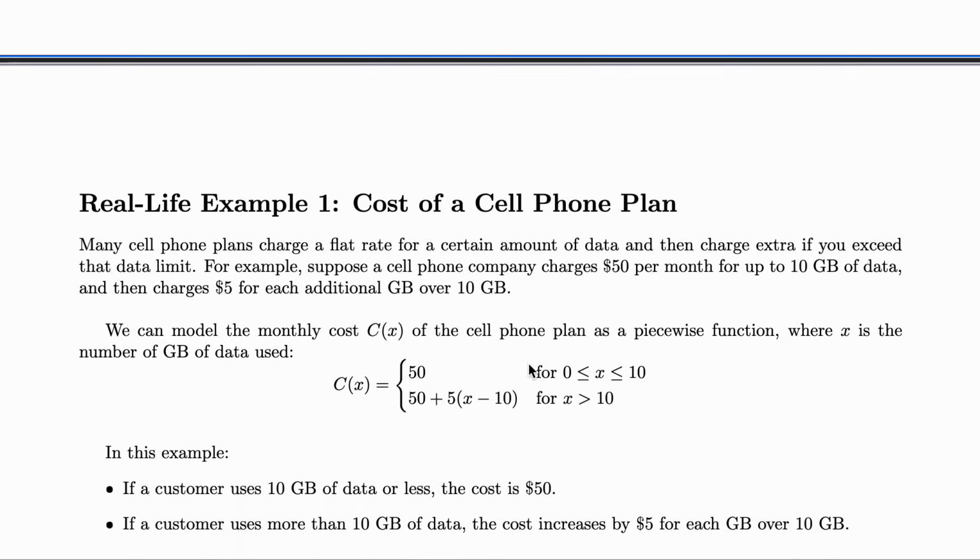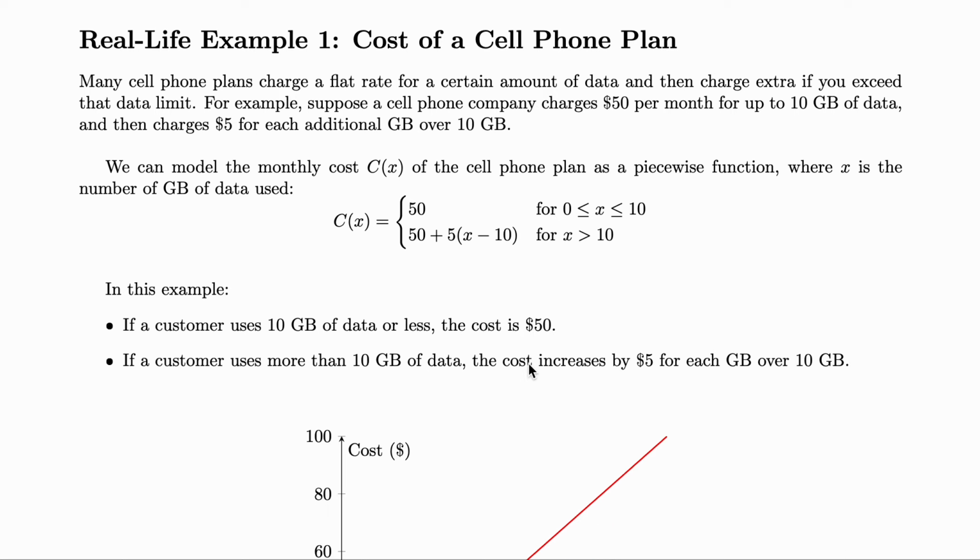All right, moving on. Now let's talk about why piecewise functions even exist. A good example of this is the cost of a cell phone plan. Oftentimes, cell phone plan cost will change depending on how much data is used. Here we have this cost function, c of x.